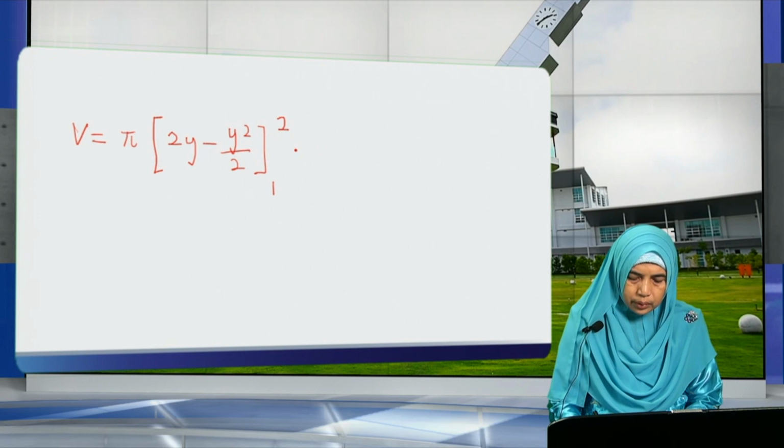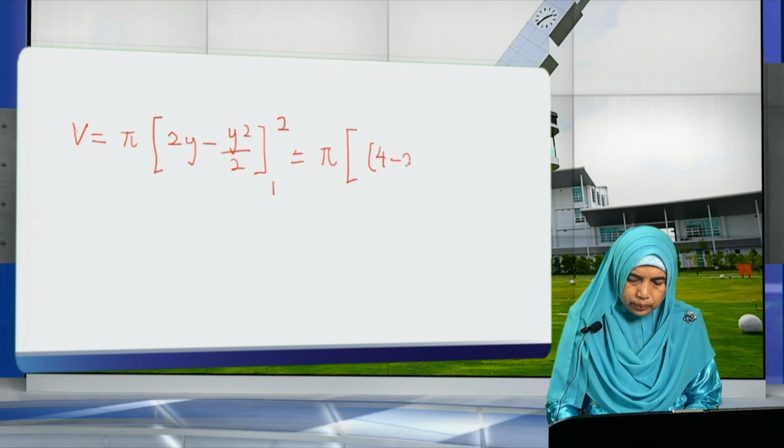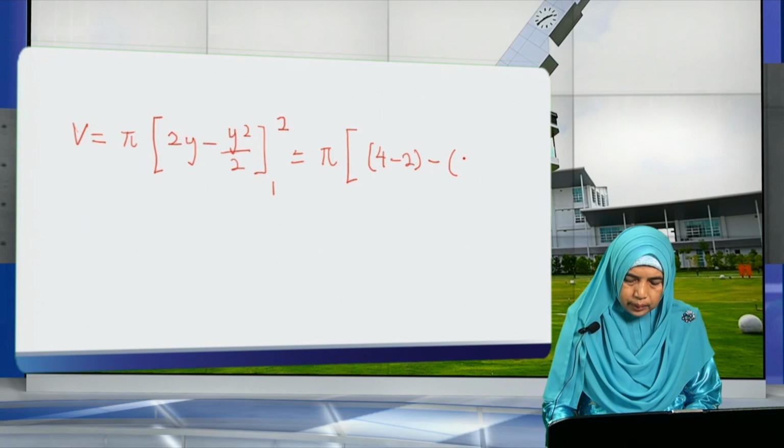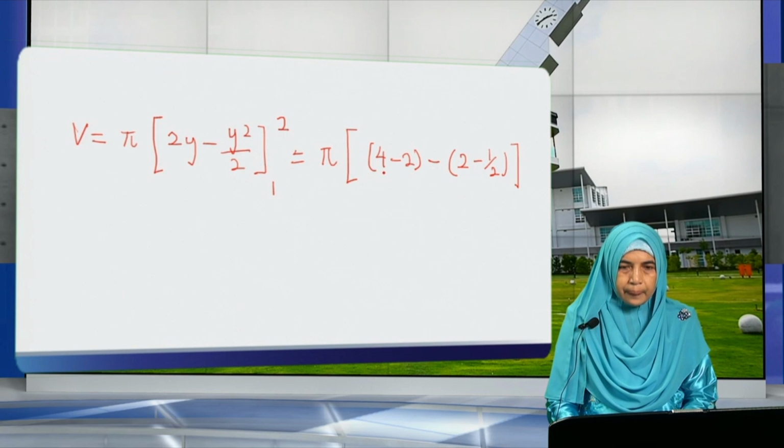Substituting 2 in, we get 4 minus 2, and substituting 1 in, we get 2 minus a half. Calculating, 4 minus 2 minus 2 means 4 minus 4, which is 0, and minus and minus gives positive half.